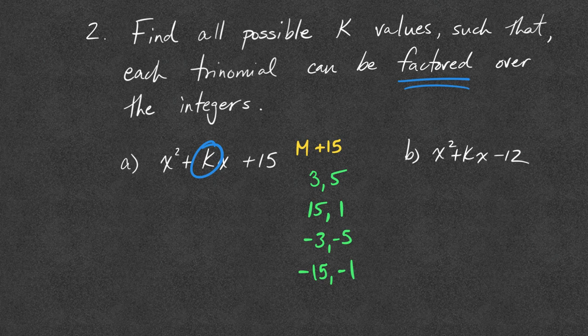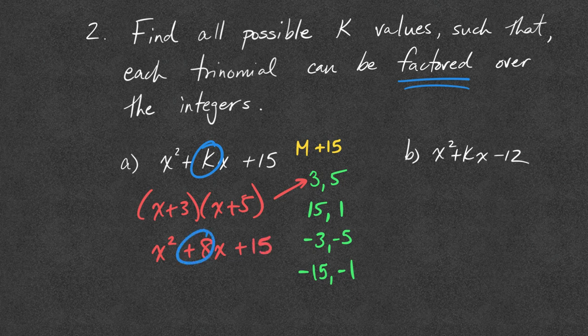So if I was to just say, like, well, what if my factors were the first possibility? Like, that's where what if it was 3 and 5? Well, then if I was to expand those brackets right now, I would find out that I get my x squared plus an 8x plus a 15.